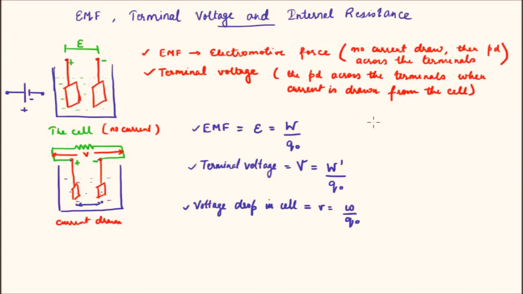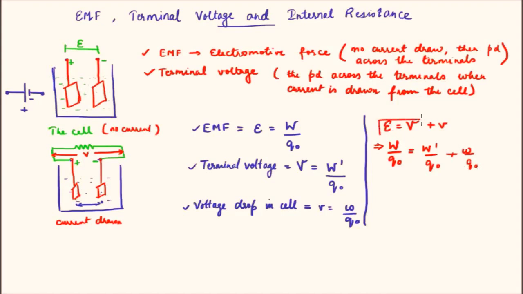Given these three things, what I can write is that EMF E is equal to terminal voltage V plus the voltage drop across the cell, isn't it? From there, W upon Q naught is W dash upon Q naught plus small w upon Q naught, isn't it?